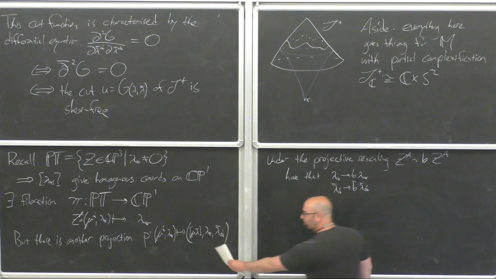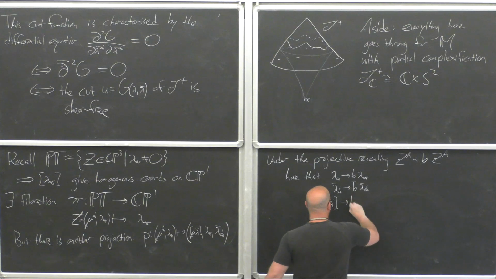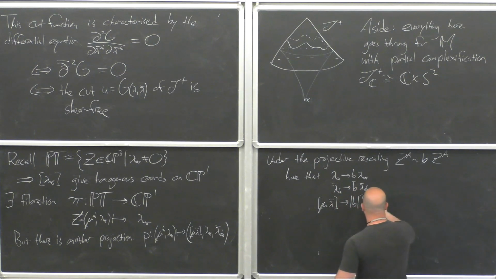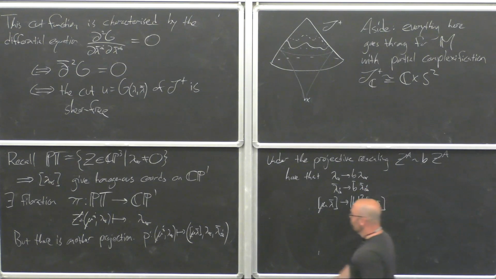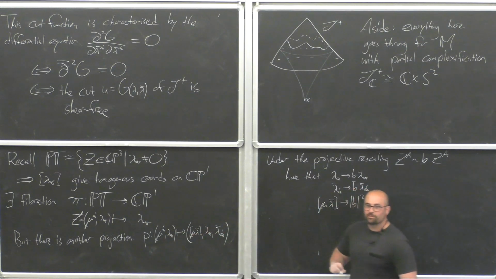And what about this combination? Mu lambda bar, well, this goes to mod squared of B mu lambda bar. So that means that what this projection is doing is taking us from Twistor space to the total space of the line bundle O(1,1) over CP1.